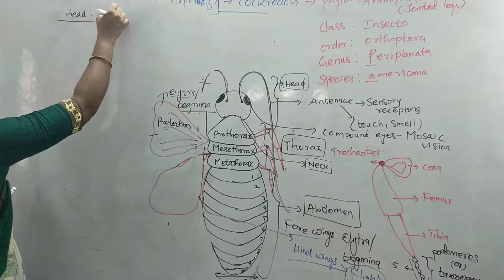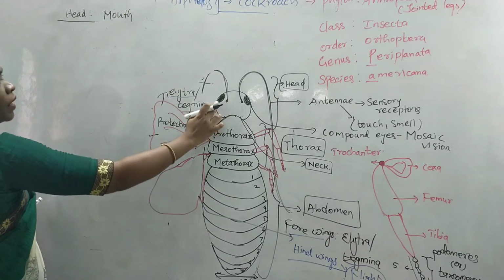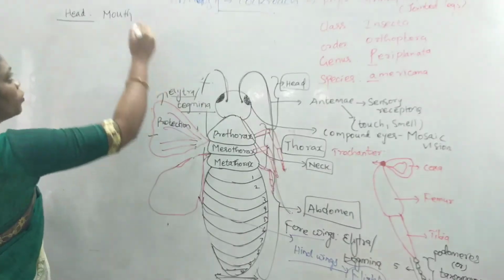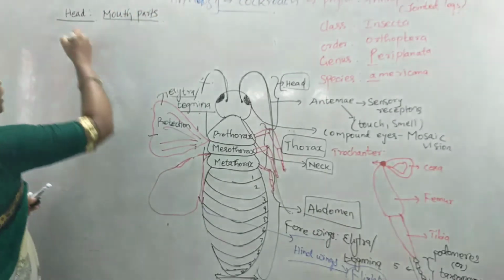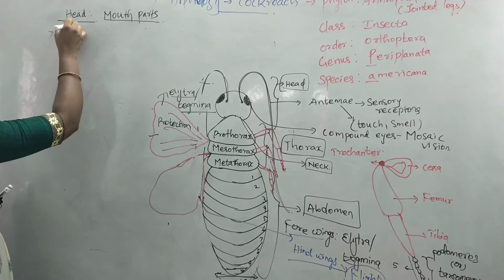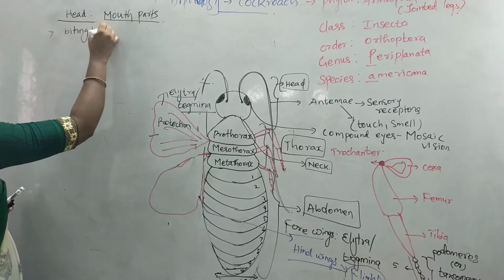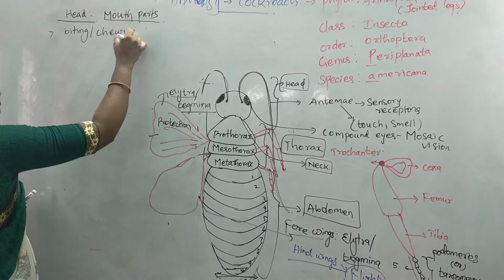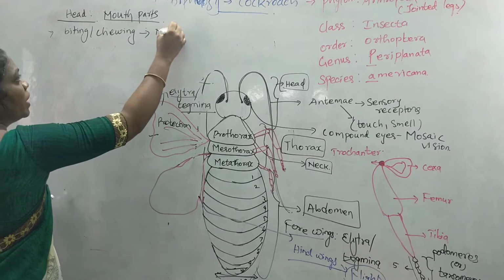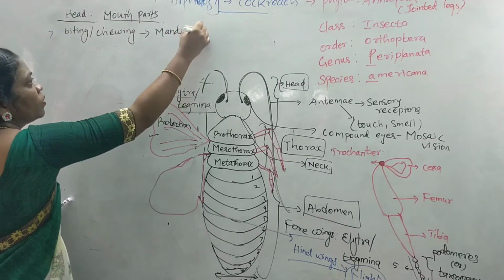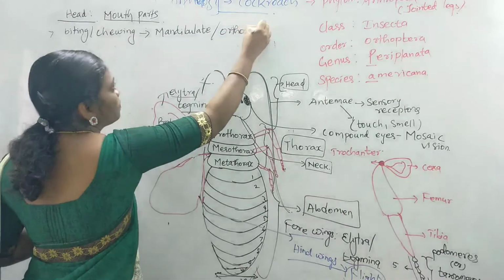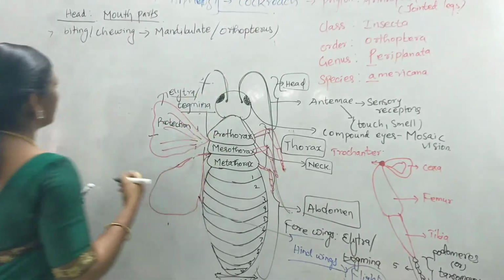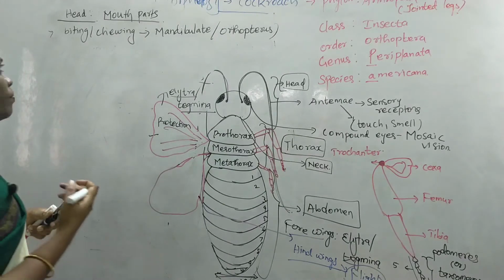The head region consists of mouth parts, apart from eyes and antennae. Cockroaches exhibit biting and chewing type of mouth parts, which is why it is known as mandibulate, or also orthopterous type. So they have biting and chewing kind of mouth part.